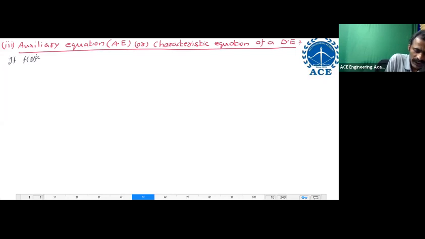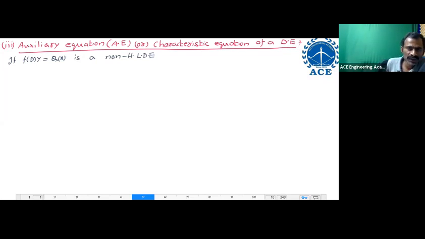If f of D y equal to q of x is a non-homogeneous linear differential equation.